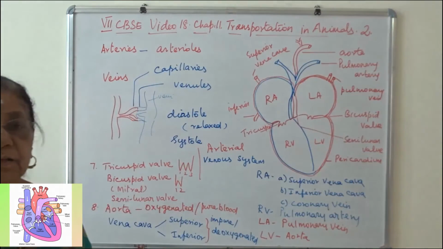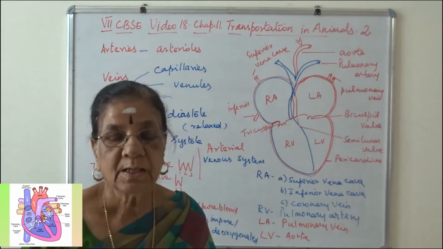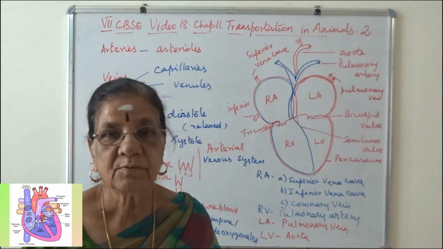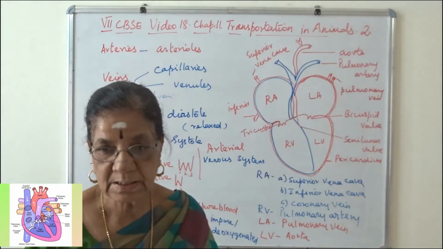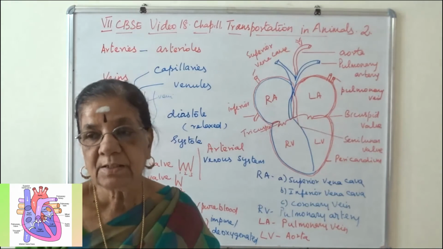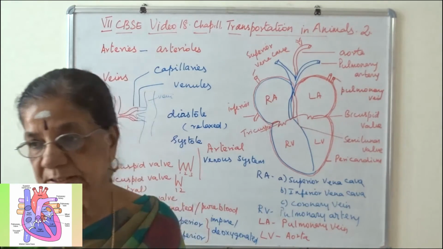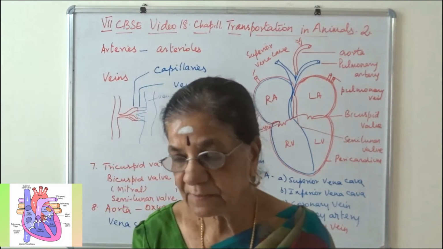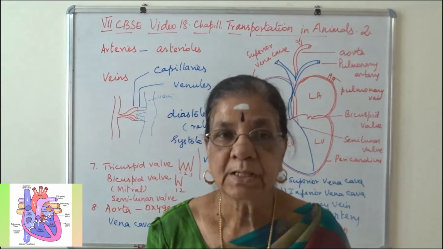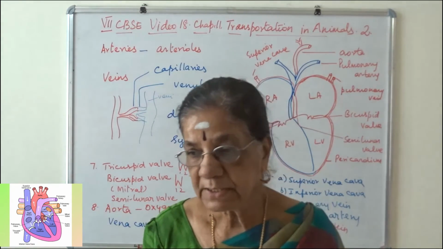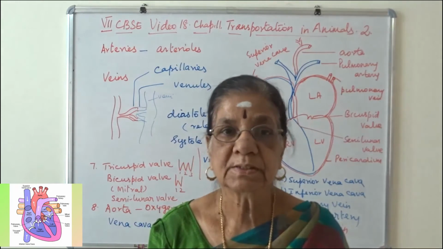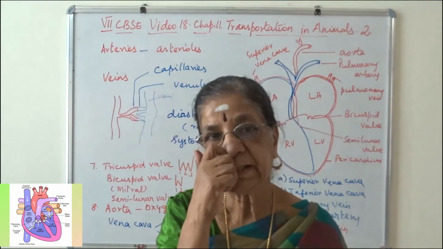When it goes to the liver, it is called hepatic artery. When it goes to the stomach to supply pure blood, it is gastric. When it goes to the small intestine, iliac artery. When it goes to the kidney, it is renal artery. When it goes to the pelvic region, it is sciatic artery.